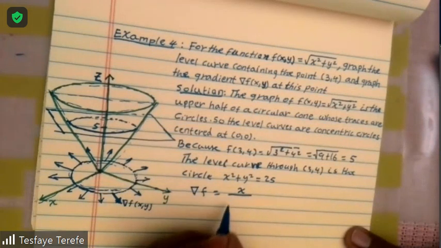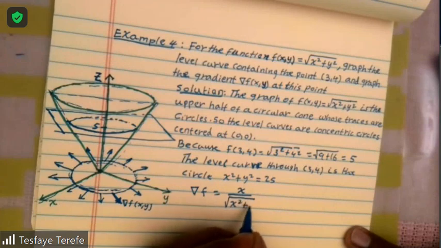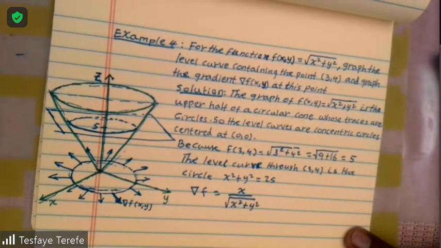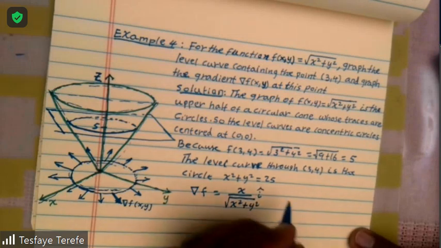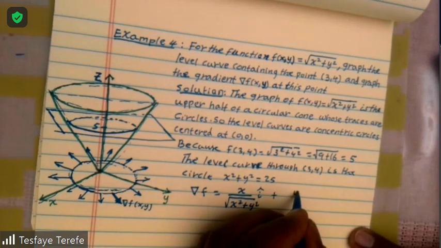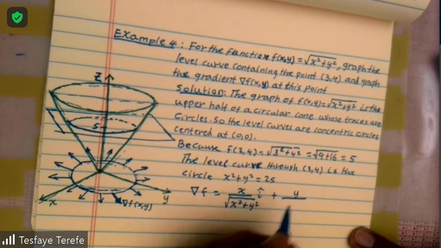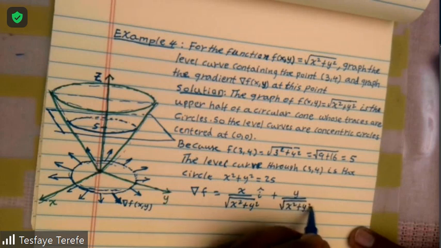This is x over square root of x squared plus y squared, the partial derivative with respect to x, and that is the i component. And the partial derivative with respect to y, by similar argument, will be y over the function itself, the radical of x squared plus y squared. That is j.